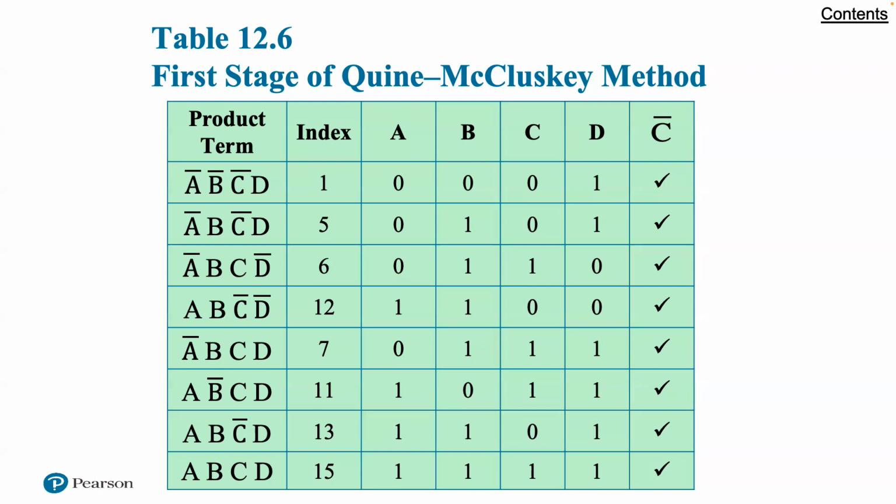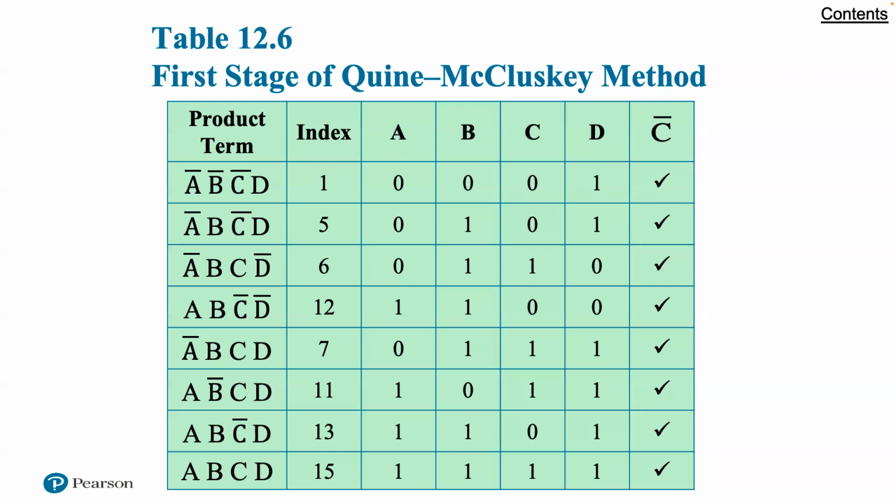The terms are grouped according to the number of complement variables. That is, we start with a term with no complements, if it exists, then all terms with 1 complement and so on. Table 12.6 shows the list for our example expression, with horizontal lines used to indicate the grouping for clarity.